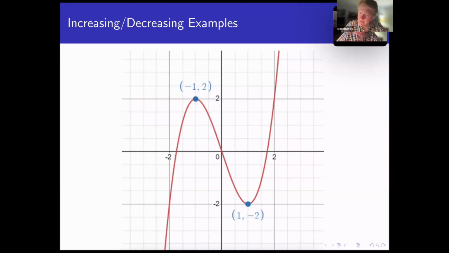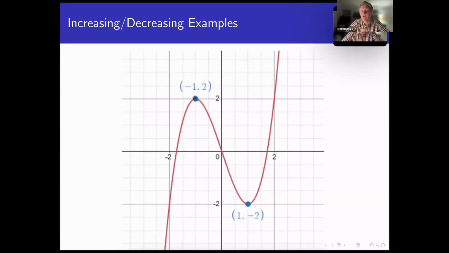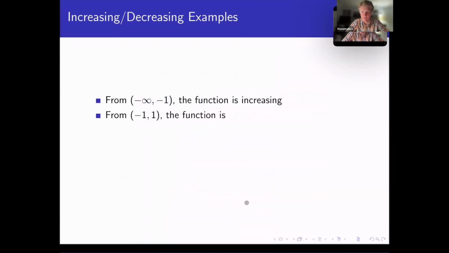Okay, but at -1, something changes. We stop increasing and we start decreasing. We start going down. So we know we're increasing from -infinity to -1, but on the x values, -1 to 1, the function is decreasing. Again, no y values included.